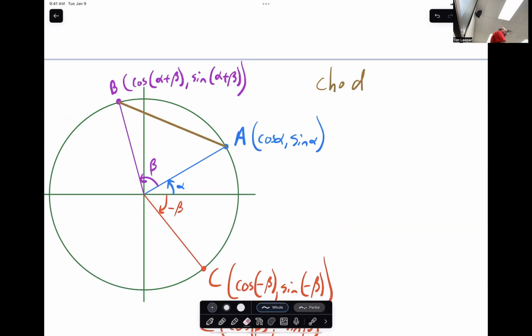So it is a chord. Now that chord has a distance, and that's just the distance from B to A, and we'll talk more about that in a second.